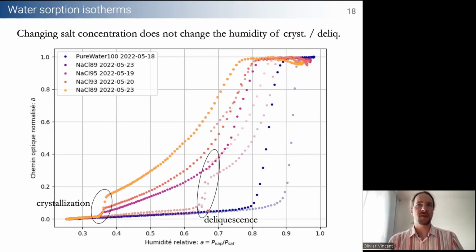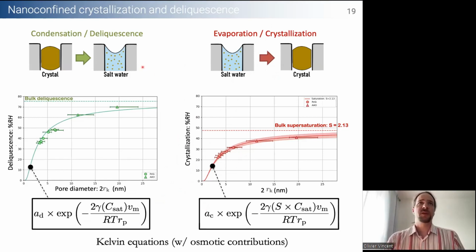And we did a systematic study of where these points sit, depending on the characteristics of the porous medium and especially the pore size. So that's what we did here. We looked at how the deliquescence point in terms of humidity and the crystallization point in terms of humidity depend on the pore size. And we use different types of porous silicon here.